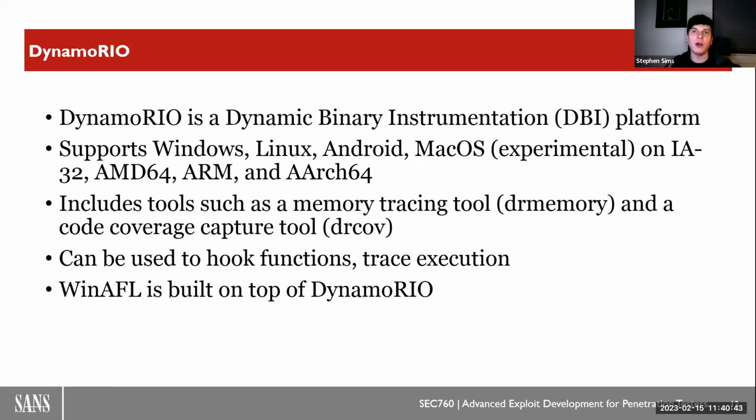We record all of that information, and then we can export those results into a disassembler like IDA Pro or Ghidra, and we can color code our path, our trajectory through an application, which is amazing. So WinAFL, for example, the Windows port of American Fuzzy Lop, is built upon DynamoRIO.